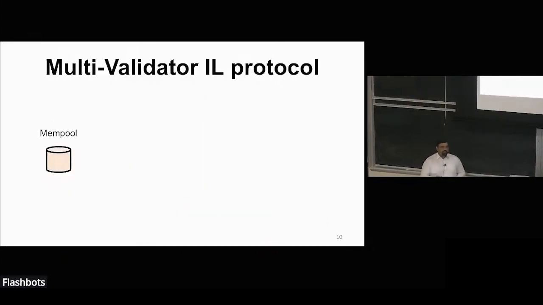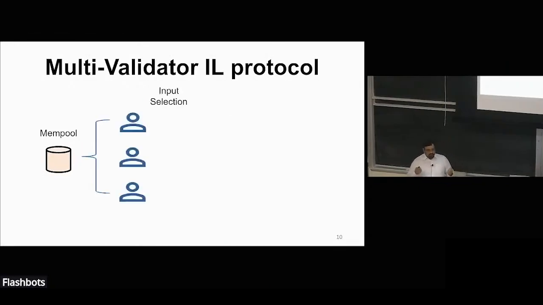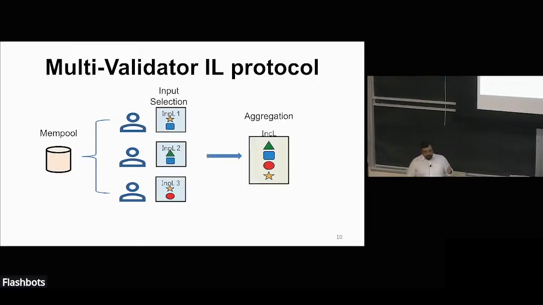In a multi-validator inclusion list protocol, multiple validators try to collaboratively form the inclusion list. They select transactions from the mempool, and then they send them to an aggregation phase. The aggregation phase computes a union of all the inputs that the validators have given, and that forms the inclusion list.